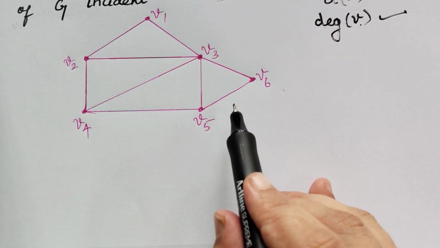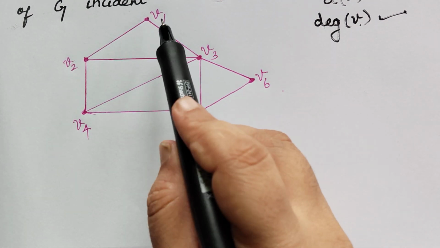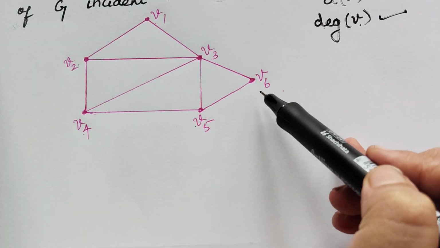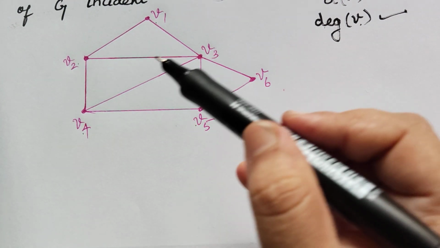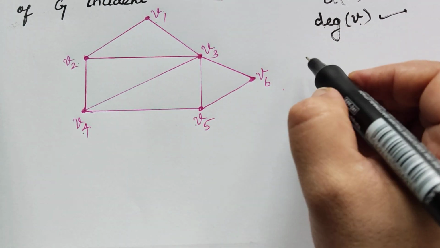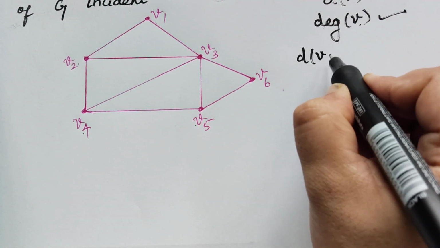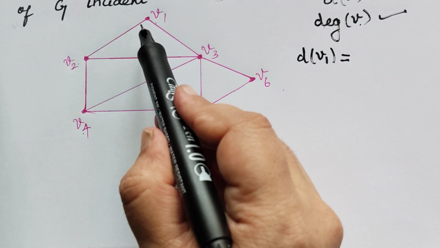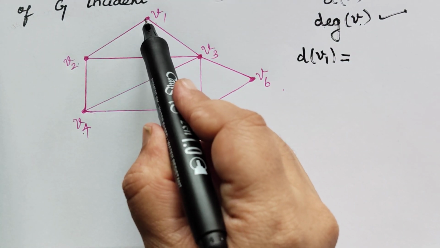So this is the graph G. Now, first of all, how many vertices are there? V1, V2, V3, V4, V5 and V6. So, there are 6 vertices. Now, for each vertex, we will find the degree. So, what about V1? So, what is the degree of V1? So, how to find it? We should check how many edges are incident with V1.